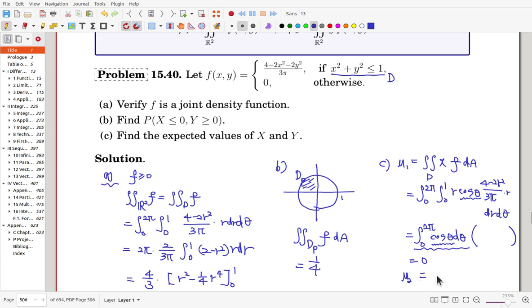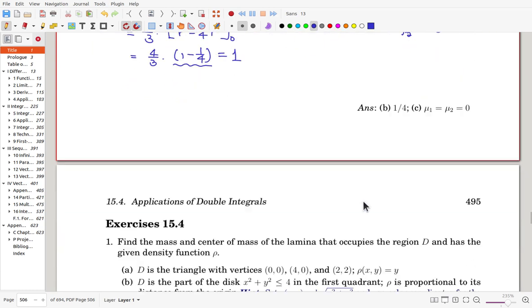So we can conclude mu2 is also 0. It's angle independent and symmetric along the angle, so the x mean and y mean must be 0. Okay, that's the end of the section. Thank you.